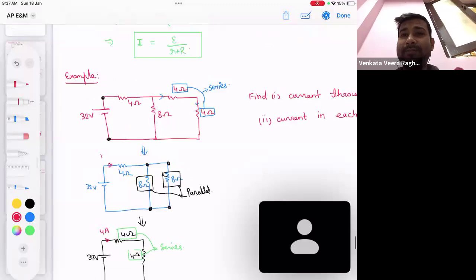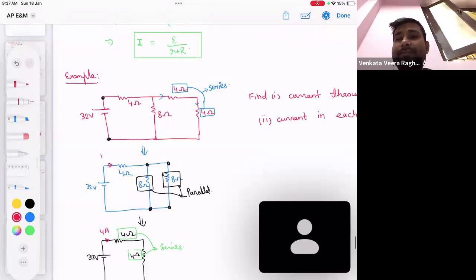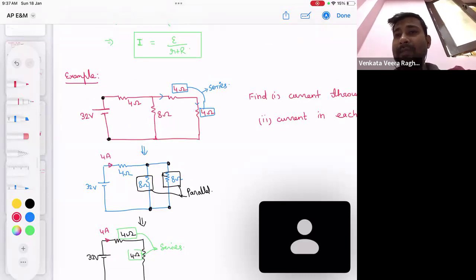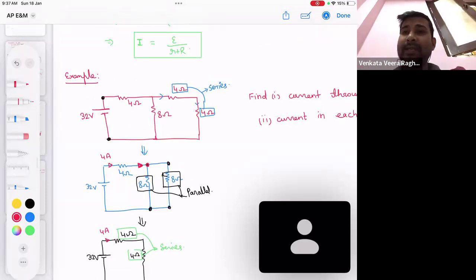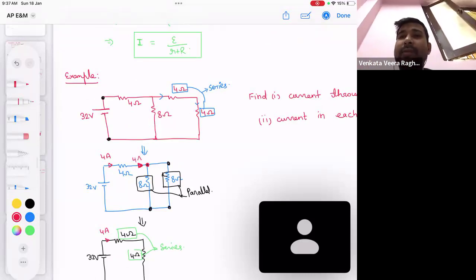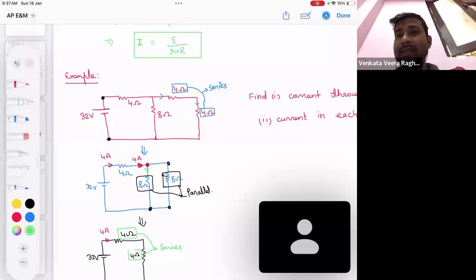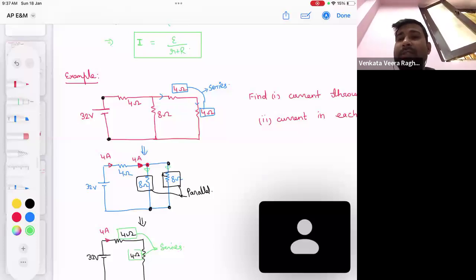Can you tell me what is the current flowing here? 4 ampere, right? Now is it a junction here? How much current is reaching the junction? 4 ampere.